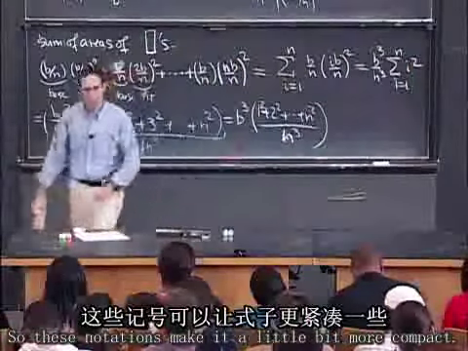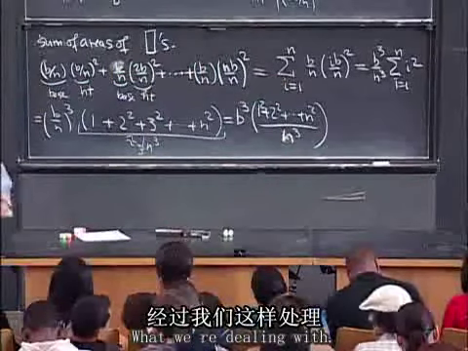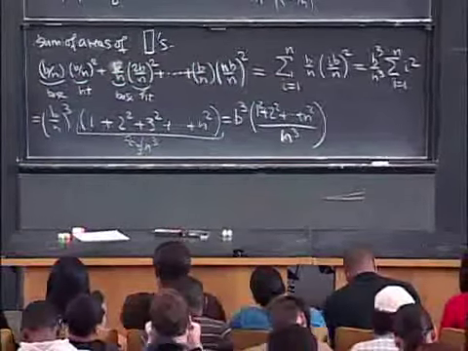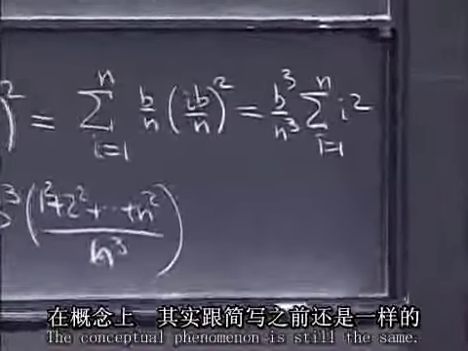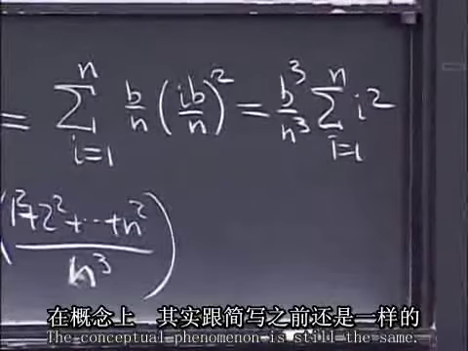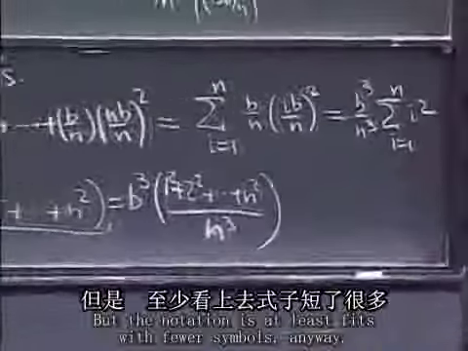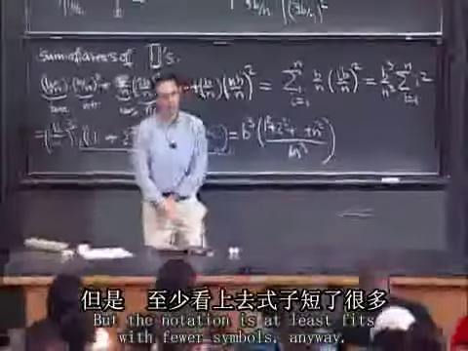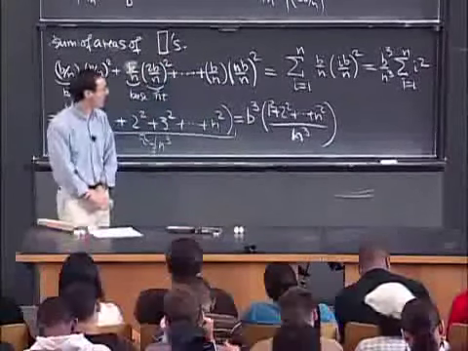So these notations make what we're dealing with a little bit more compact. The conceptual phenomenon is still the same, and the mess is really still just hiding under the rug. But the notation at least fits on with a few fewer symbols anyway.